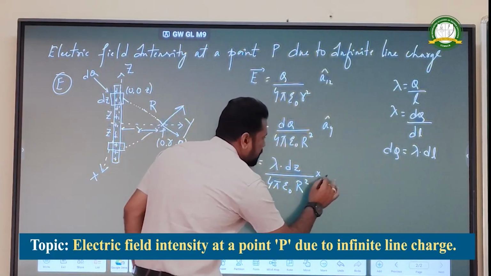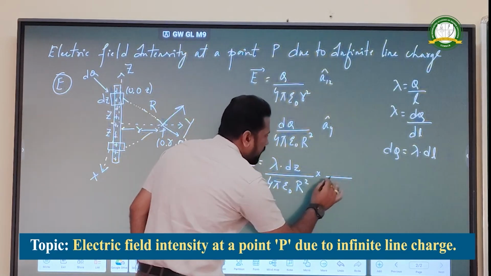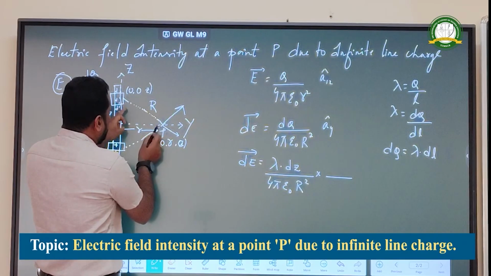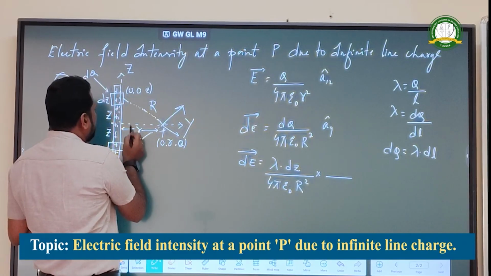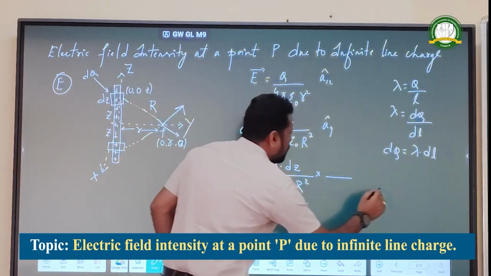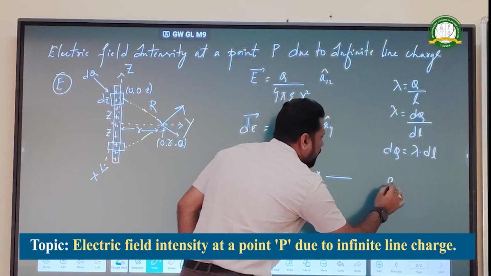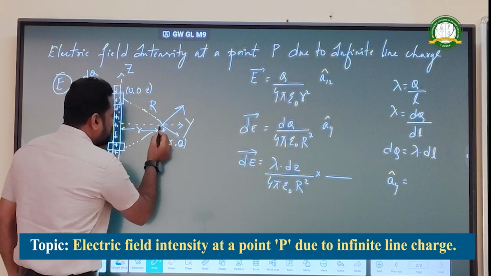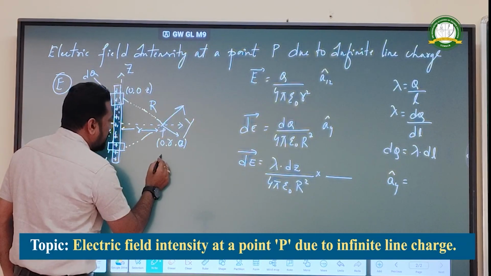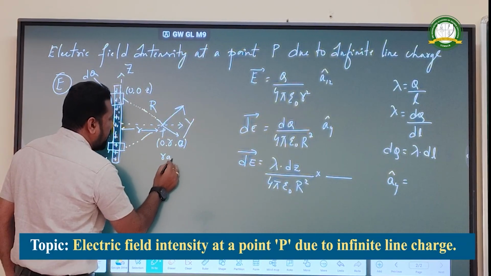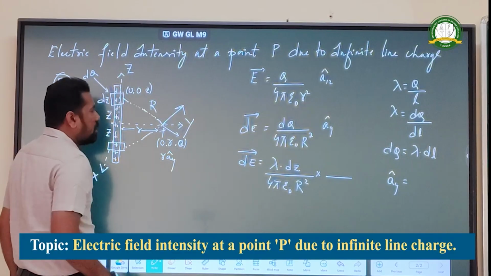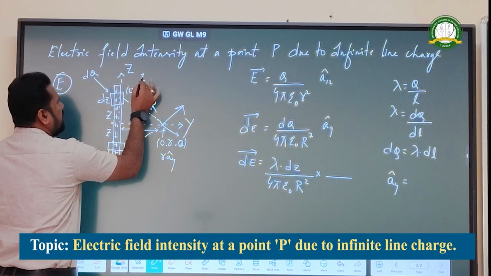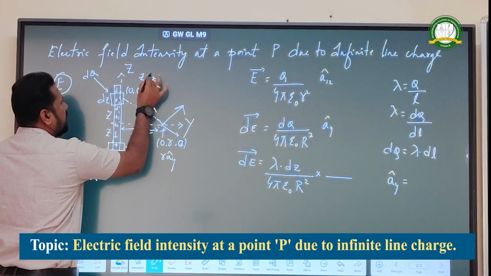Unit vector is the ratio of a distance vector divided by the magnitude of that vector. So here the magnitude of that vector is square root of r square plus z square. So unit vector a_R cap is equal to, at this point the vector is r a_y cap, and the vector at this point is z a_z cap.